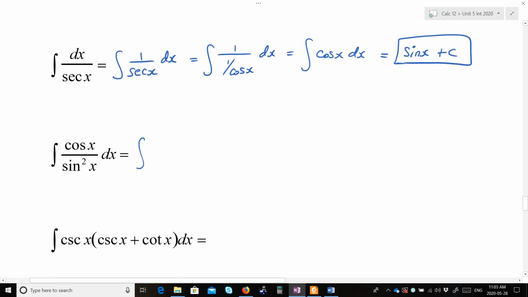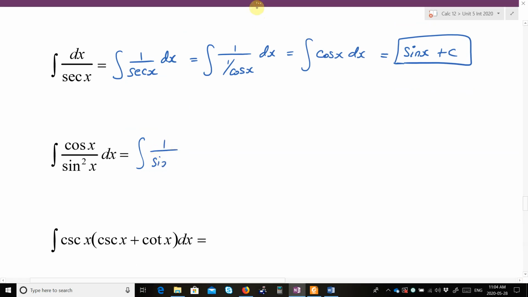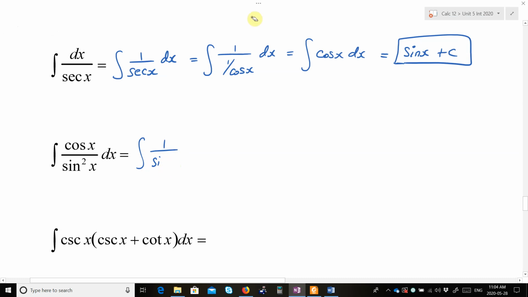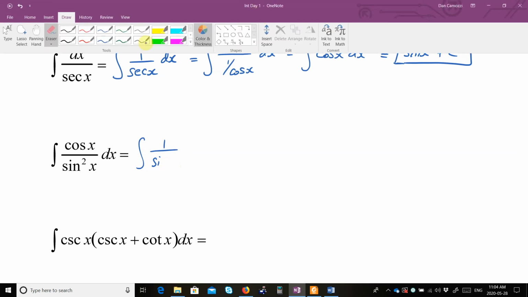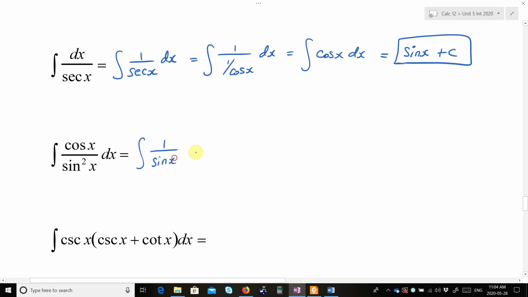How about this one here? Got to do a little bit of work with this. We're going to write this in a special way. 1 over sine x times cos x over sine x.